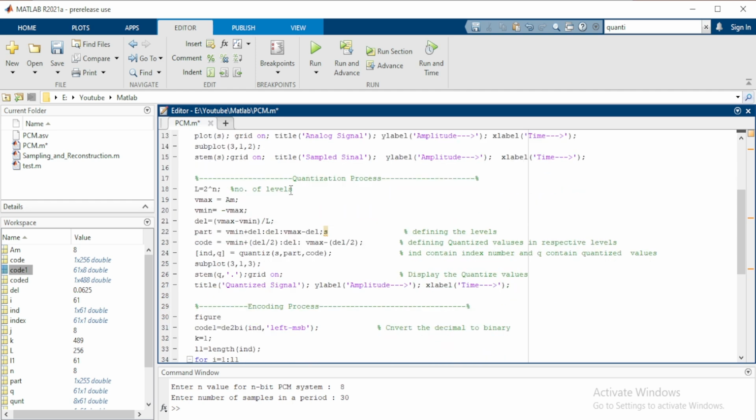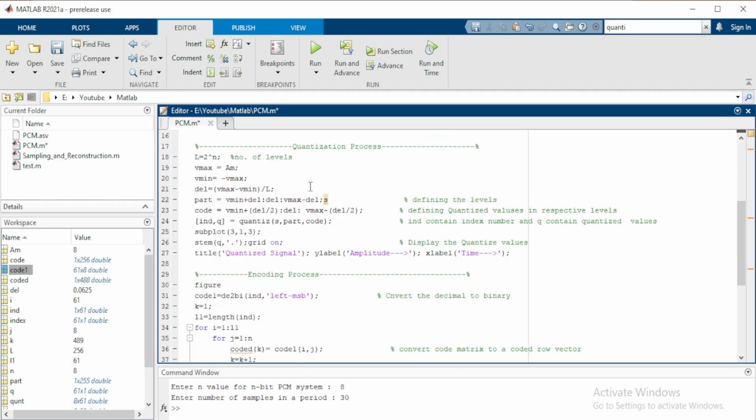The second block is quantization. This block I will explain. For quantization, first of all we have to define the number of levels required for the quantization process, and the number of levels is represented by L. As I explained in the theory, we have defined n, so the number of levels equals 2 to the power n.